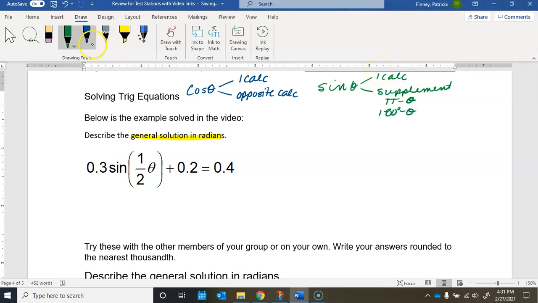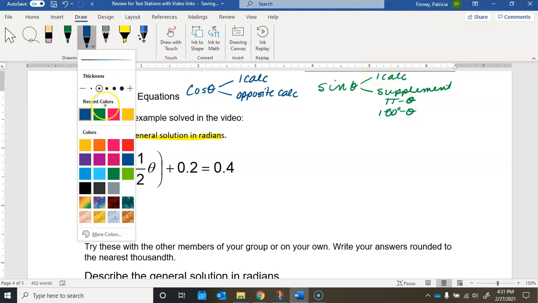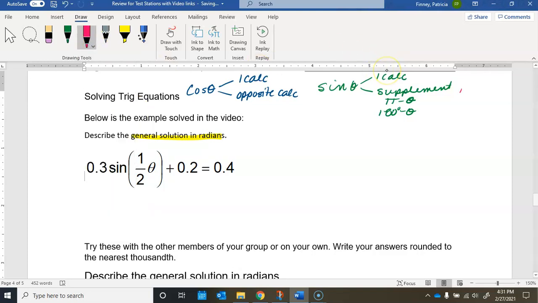And then when we have tangent, tangent is super nice in that you just get the answer from the calculator. And then when you write your general equations, you add the period times k. So that's either going to be 2 pi or 360 for cosine. And you add the period times k.